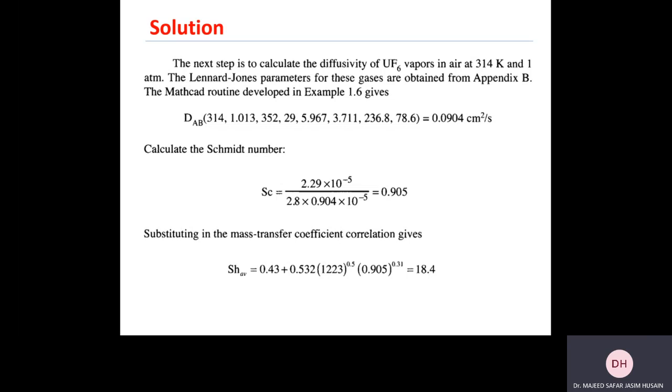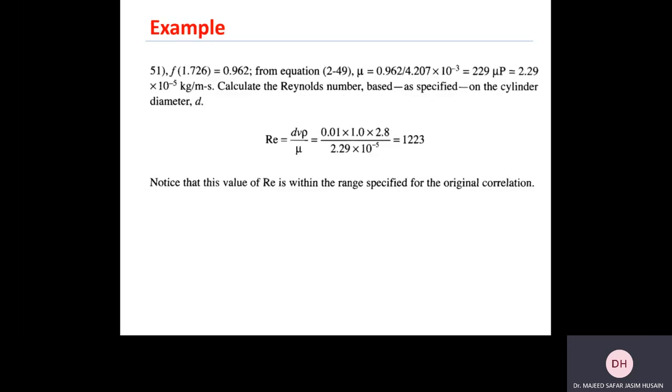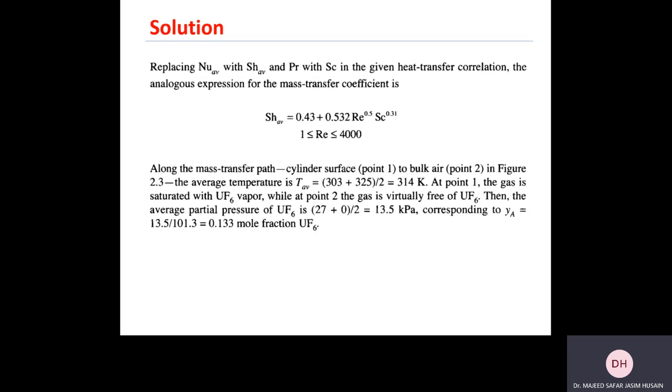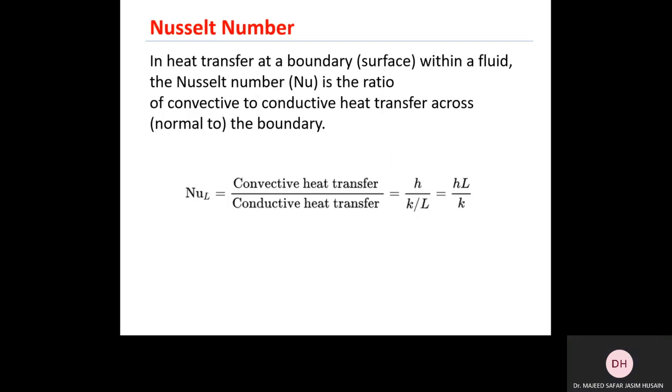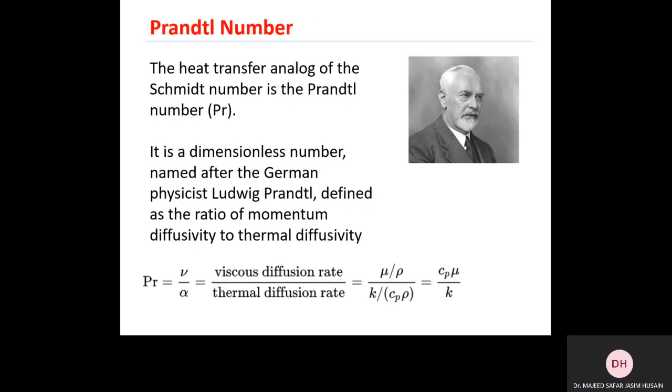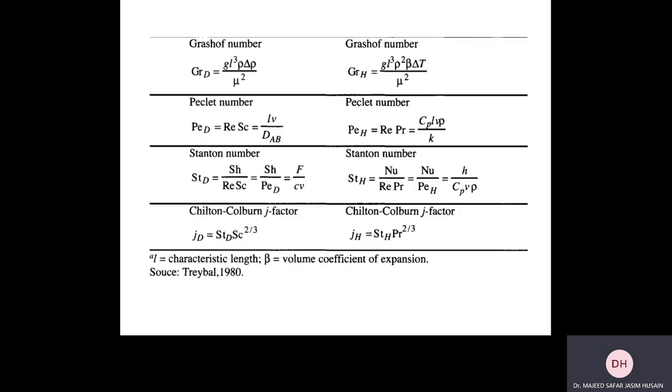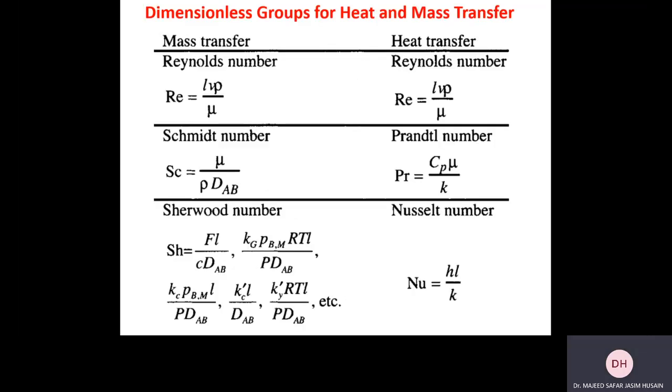Now you find the diffusivity. Now you can find the Schmidt number. We define the Schmidt number. Let's go back and see what is the definition of Schmidt number. So Schmidt number is basically viscosity divided by density divided by diffusion coefficient.